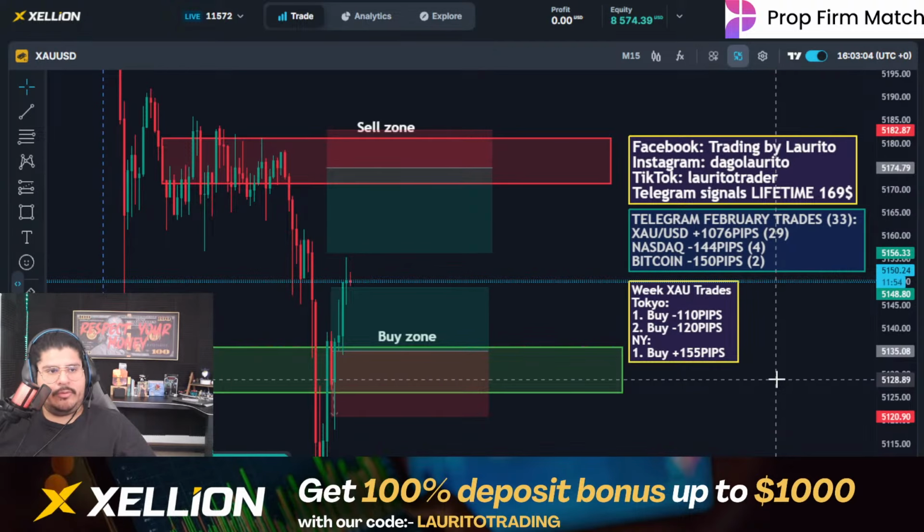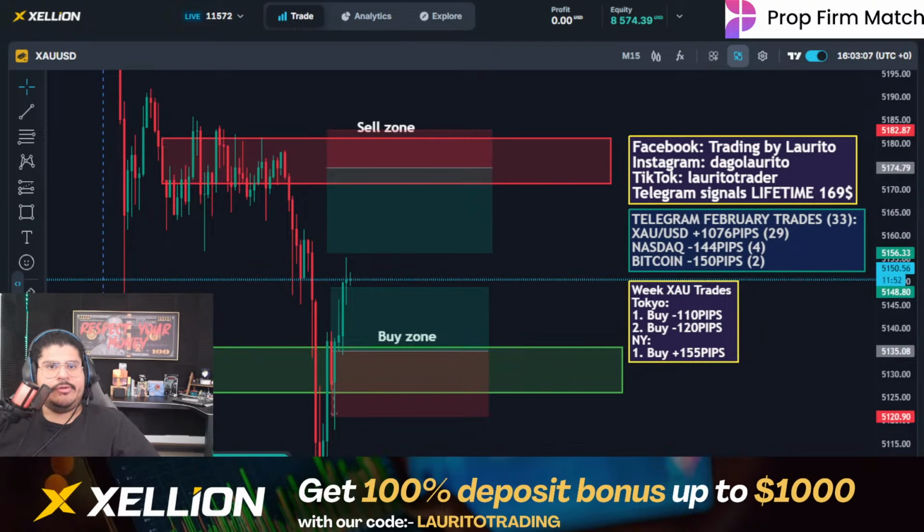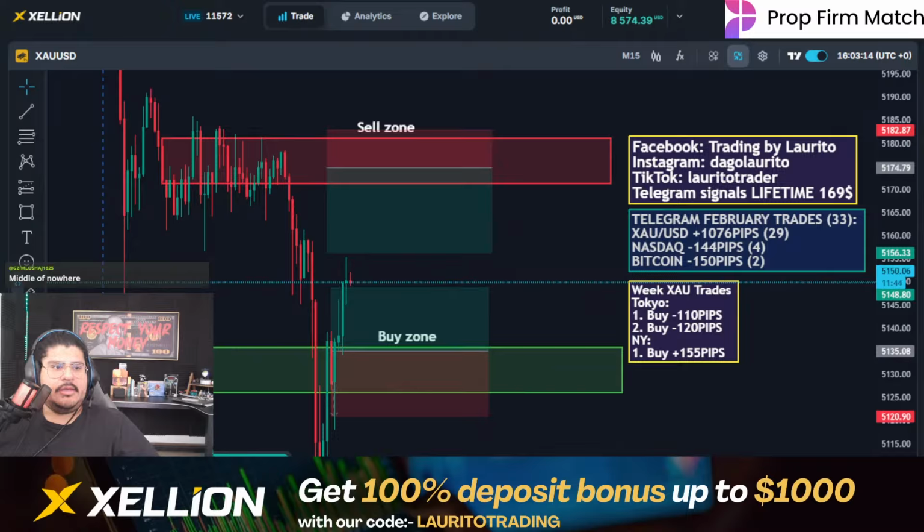I'm going to try to open other positions in the Nasdaq or Dow Jones. Why? Because at this moment I don't like the structure in Dow Jones, it looks awful. In Nasdaq we got the same point as yesterday, and that point gave us really good results, but not too much.